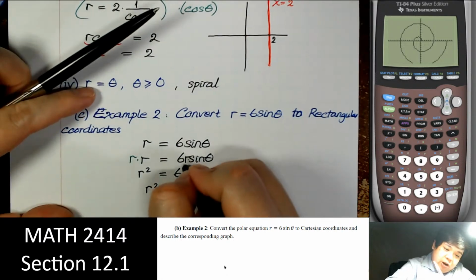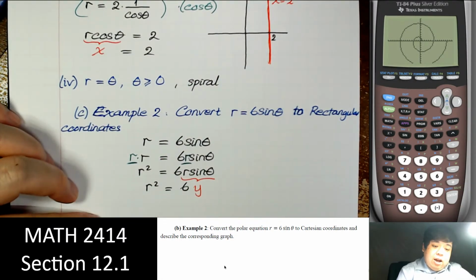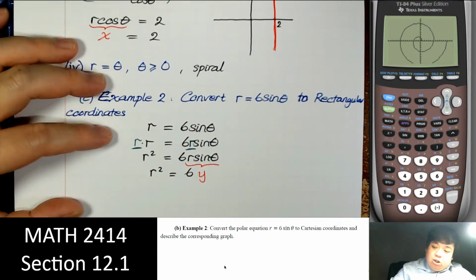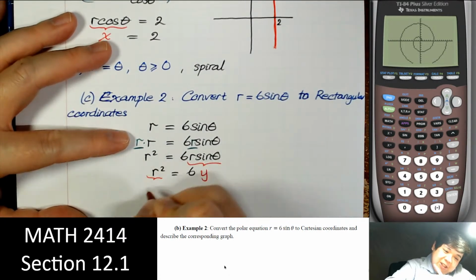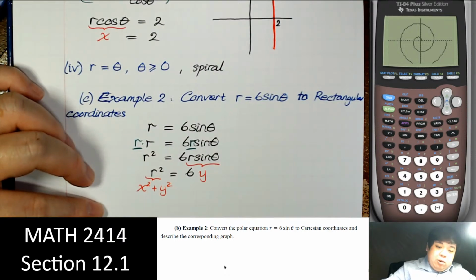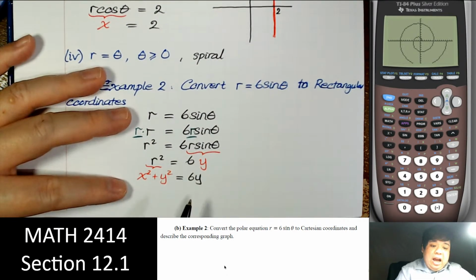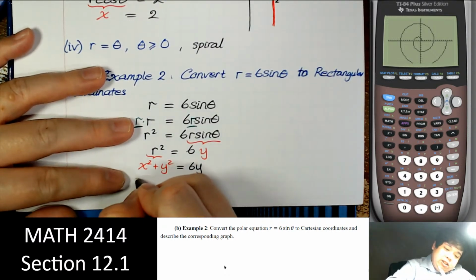So I multiply r on both sides, and we have that. And finally, r squared is x squared plus y squared. So if x squared plus y squared equals 6y, I'm going to move the 6y over.